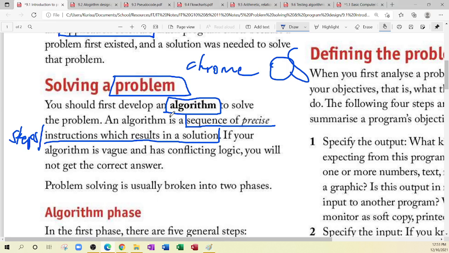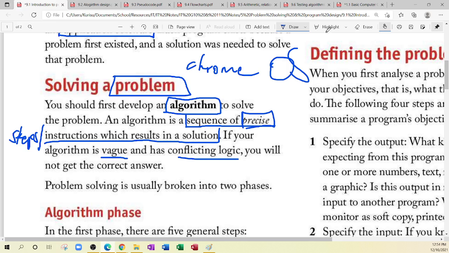Remember, the algorithm is a sequence of precise steps or instructions. So you have to be very clear. If you notice this other part here, if your algorithm is vague and it has conflicting logic, you will not get the correct answer.